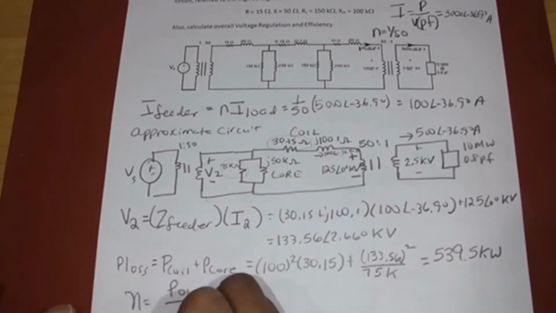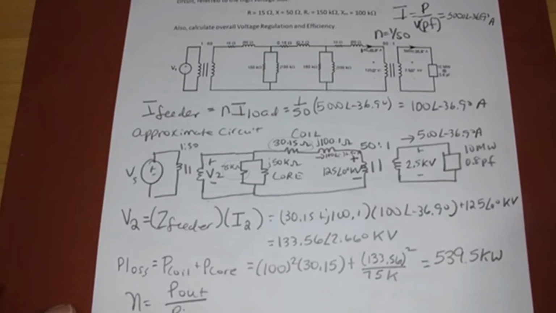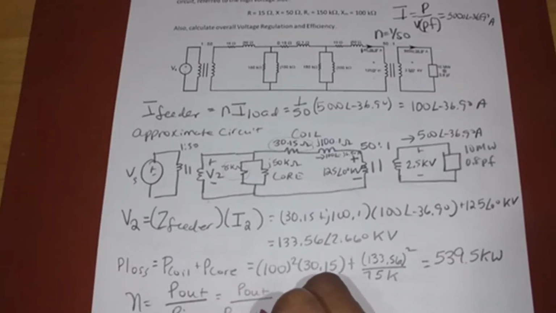So the efficiency is P out over Pn. So what are those values? We go back to our formula. The formula was P out over Pn is the same as P out over P out plus P loss.